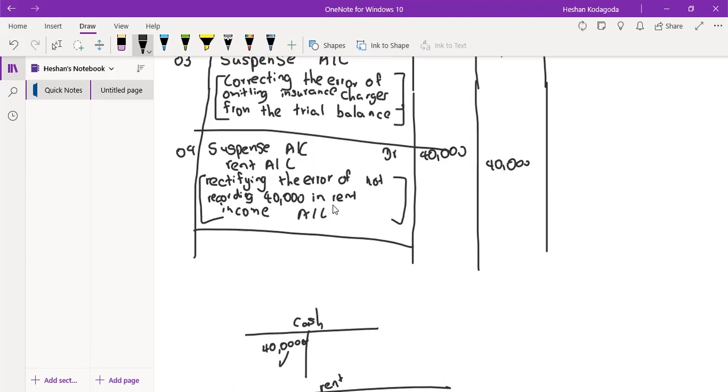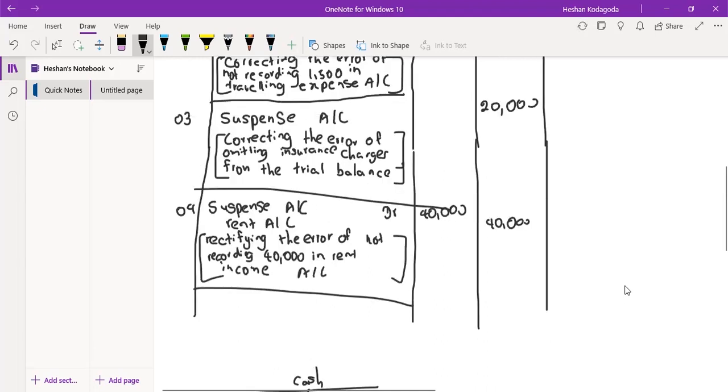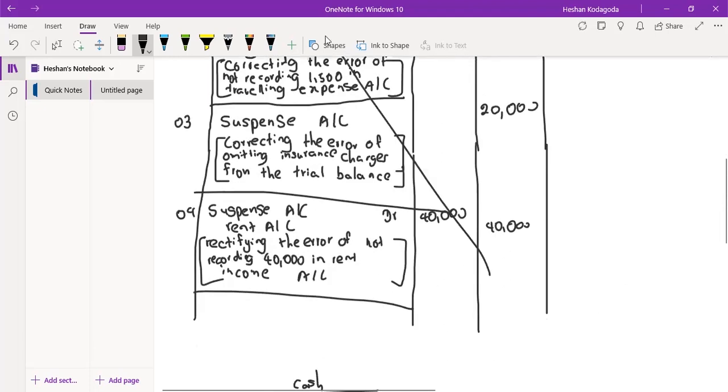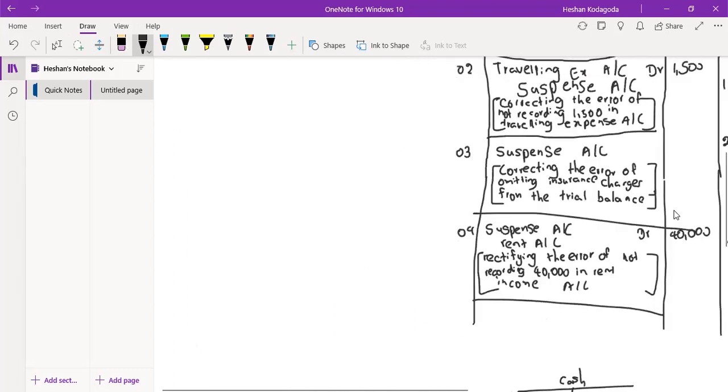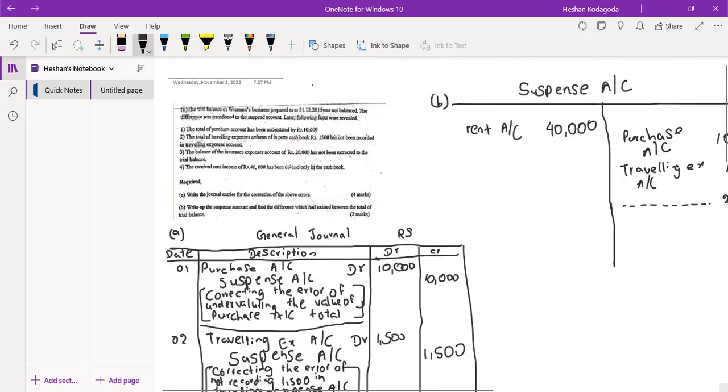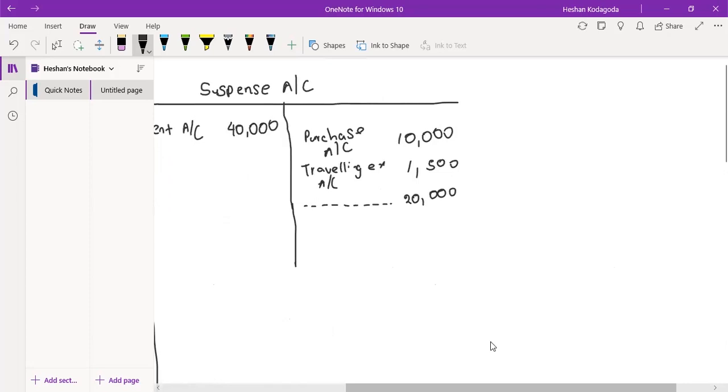Done. This is the error correcting entry. Right? Done.